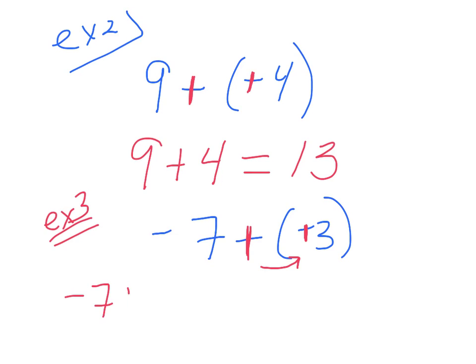So now this is what I'm looking at: negative 7 plus a positive 3. The way that I teach integer addition is if they have opposite signs, I have a negative 7 and a positive 3, what's the difference of those? The difference between 7 and 3 is 4. My sign on the 4 is going to have to be negative because this guy's bigger and it's a negative number.